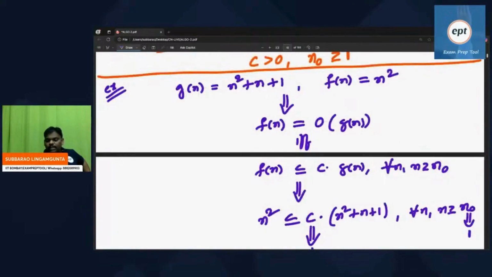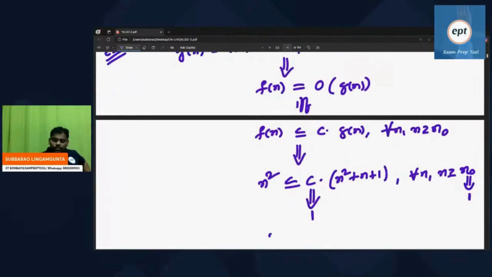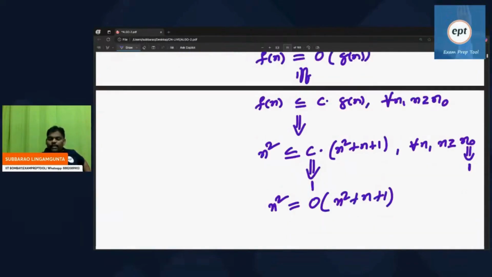That is the reason I can say f(n) is n square and g(n) is n square plus n plus 1. Then I can say n square is big O of n square plus n plus 1 is true, where the starting n value is 1, from 1 onwards it is working, and the C value is 1.